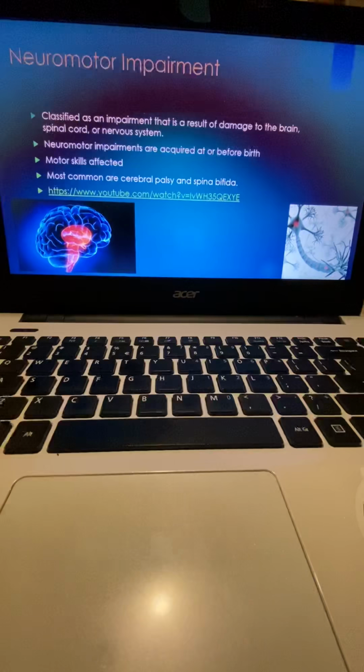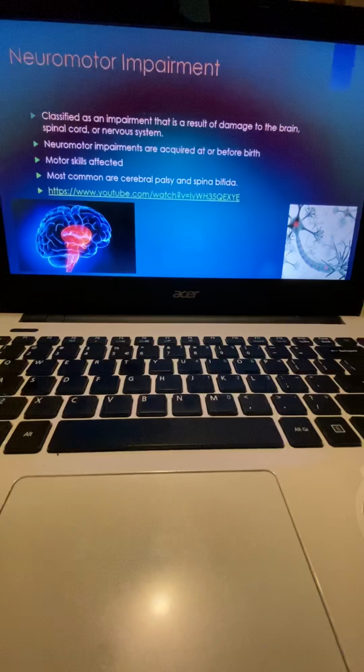Now, the two most common types of neuromotor impairments are cerebral palsy and spina bifida. Cerebral palsy tends to be a non-progressive disorder of voluntary movement, and the posture of the individual can be affected.